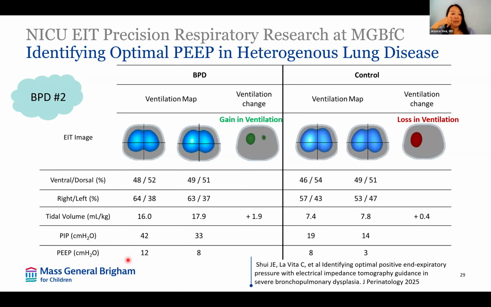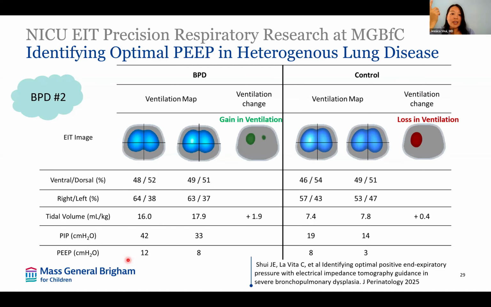And so the team was very hesitant about making ventilator changes and changing the PEEP because they recalled how labile this patient was, and didn't want to make any big changes.